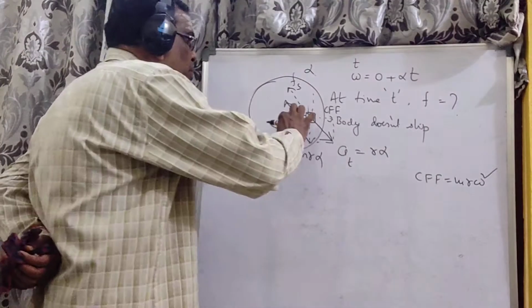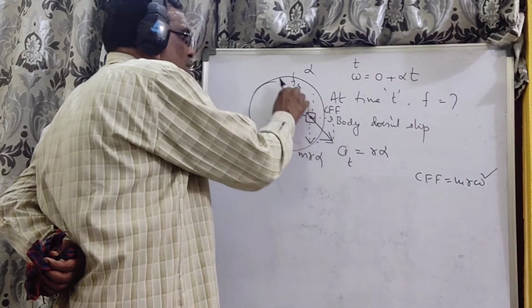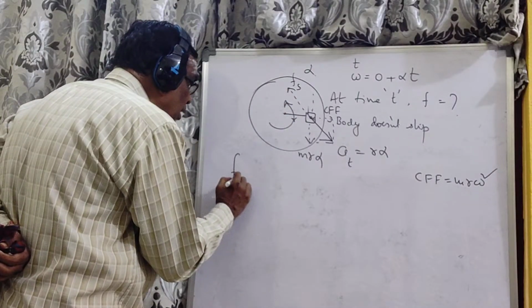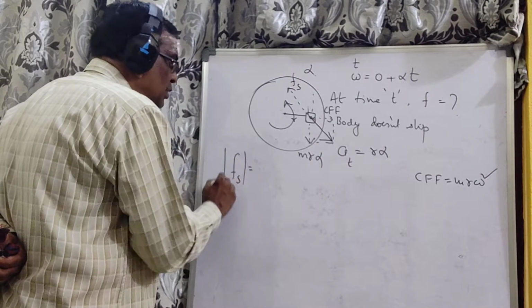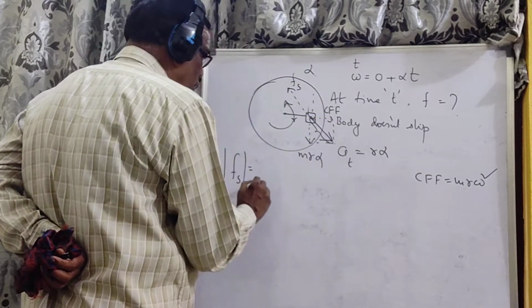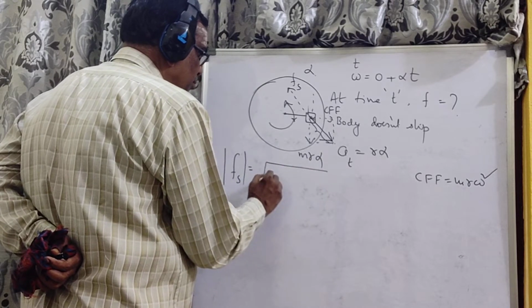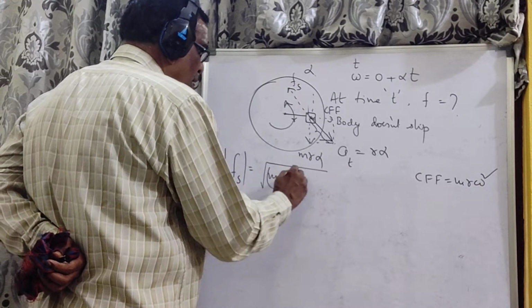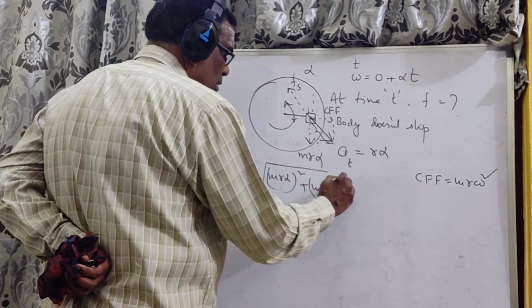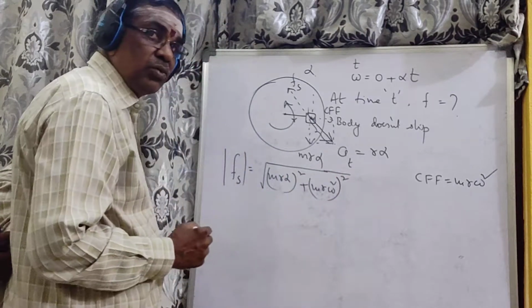Since alpha is present, it will go on increasing in its magnitude. So what is Fs now? Magnitude: these two are perpendicular. Therefore Fs is the square root of (m r alpha) whole square plus (m r omega square) whole square.